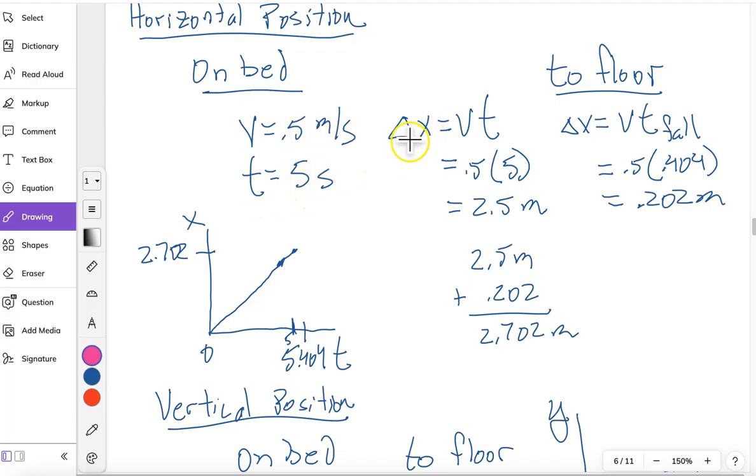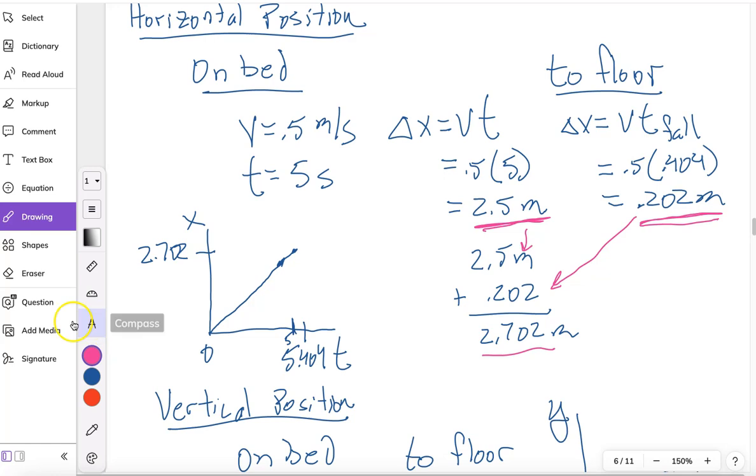So if we think about how far it goes, it's going to go 0.5 meters per second times 5 seconds. It's going to go a total of 2.5 meters across the bed. Then when it goes to the floor, we know that it's going to basically go 0.202 meters. So if I add the 2.5 to the 0.202, we end up with 2.702.